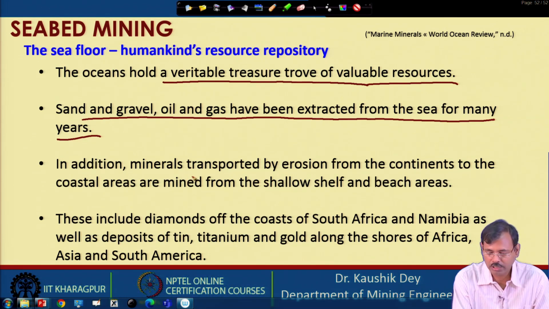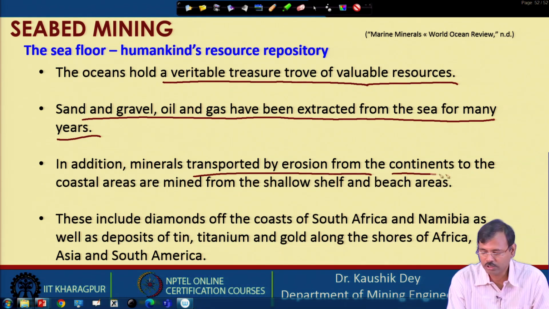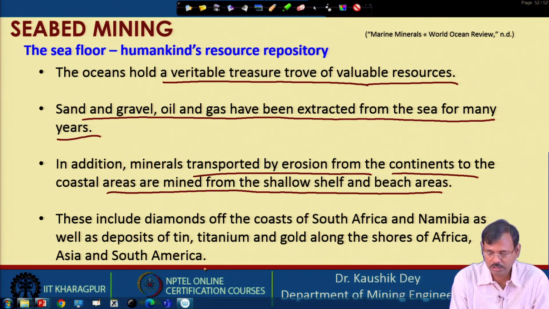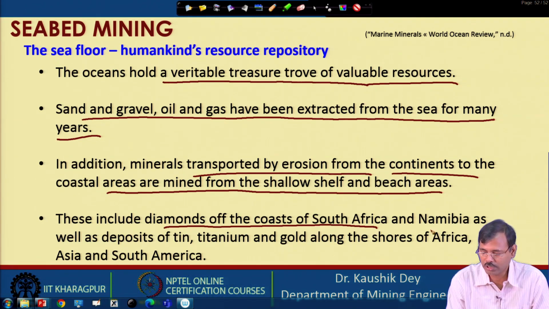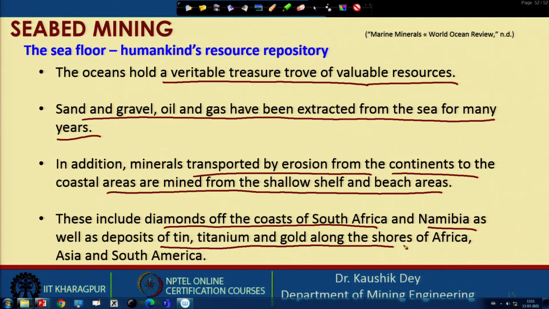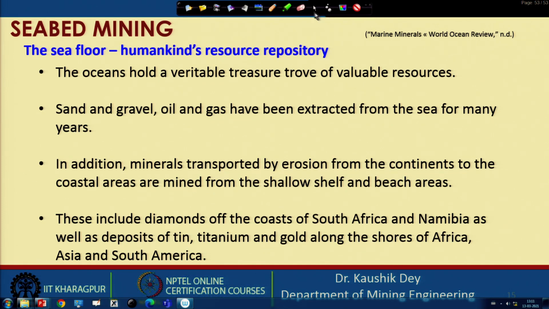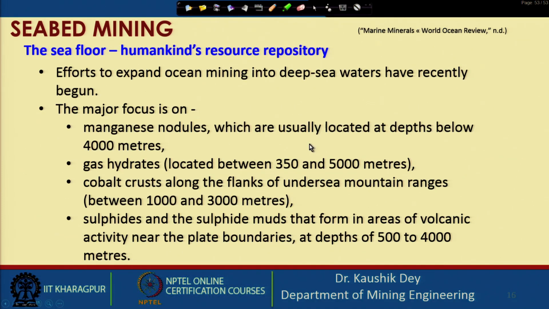In addition, minerals transported by erosion from the continents to the coastal areas are mined from the shallow shelf, and diamonds from the coast of South Africa, Namibia, as well as tin, titanium, gold are available in Africa, Asia and South America. So, these are the common materials which are available. India is also carrying on mining in the sea coast through Indian Rare Earths.